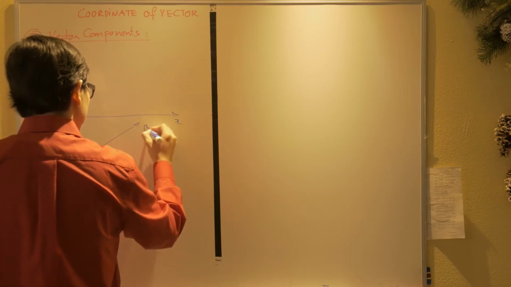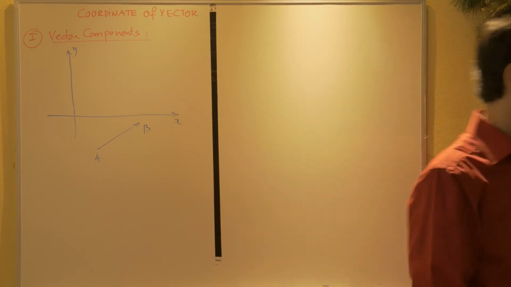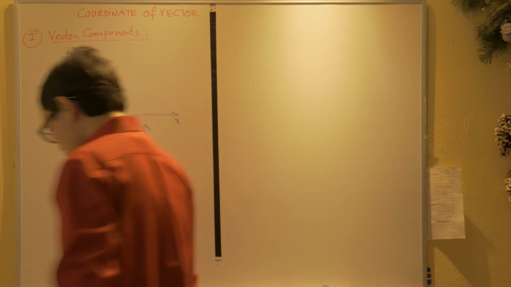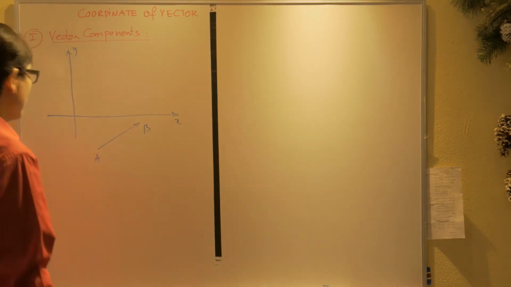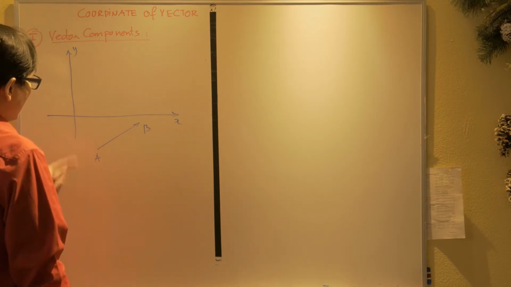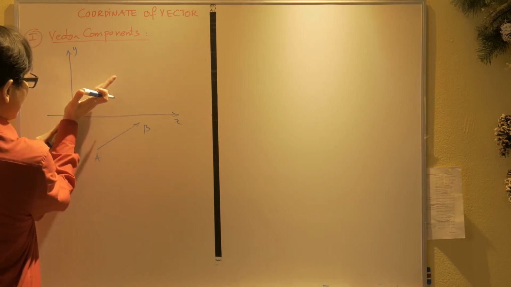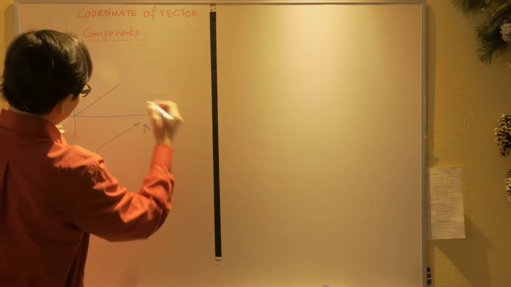Now I want to translate this vector parallelly to a position we call the standard position.